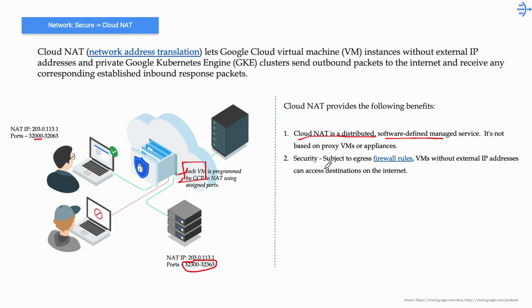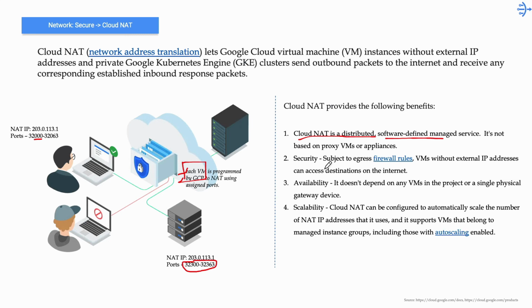Security, which is subject to egress firewall rules. VMs without external IP addresses can access destination on the internet. Availability, because it doesn't depend on any VM, you get a very good availability, and also it's scalable. As and when you keep adding more and more machines, it will become more and more scalable because it doesn't depend on any virtual machine to route the request.